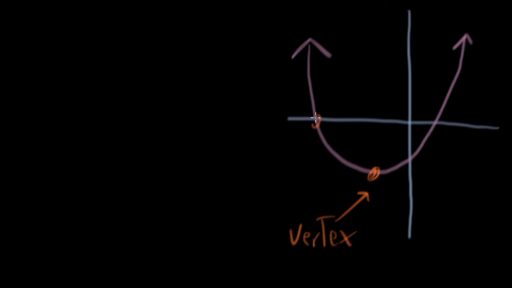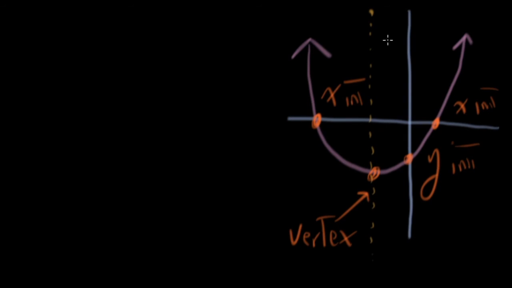They're also going to want the x-intercepts, and notice that there are 2 of them. I wonder why that is. Then they're also going to want the y-intercept. And then they might ask you what the axis of symmetry is, but that's just right there. I'll label that anyway.